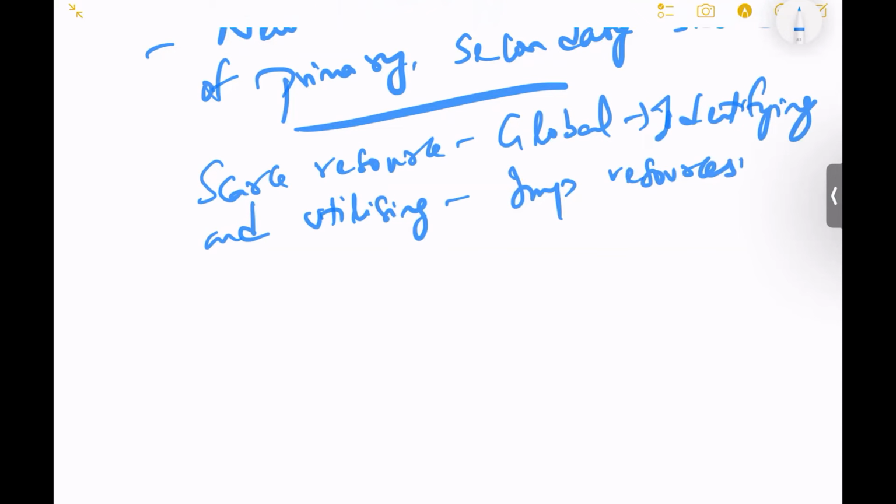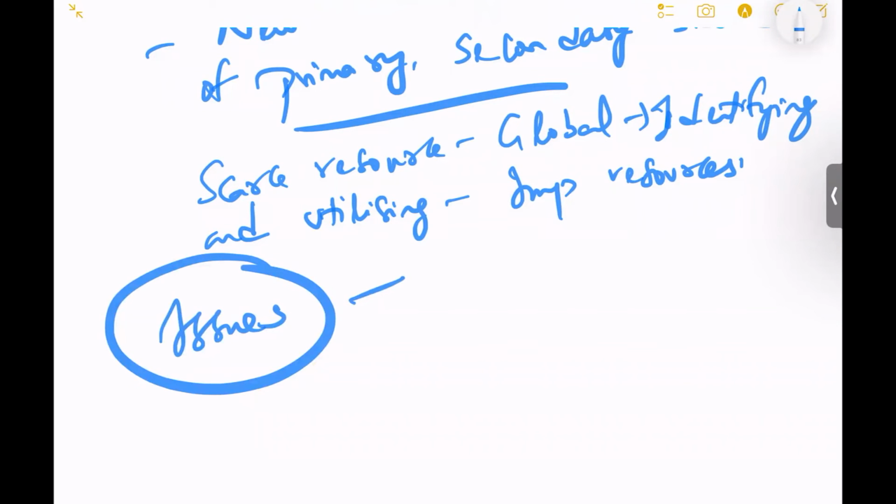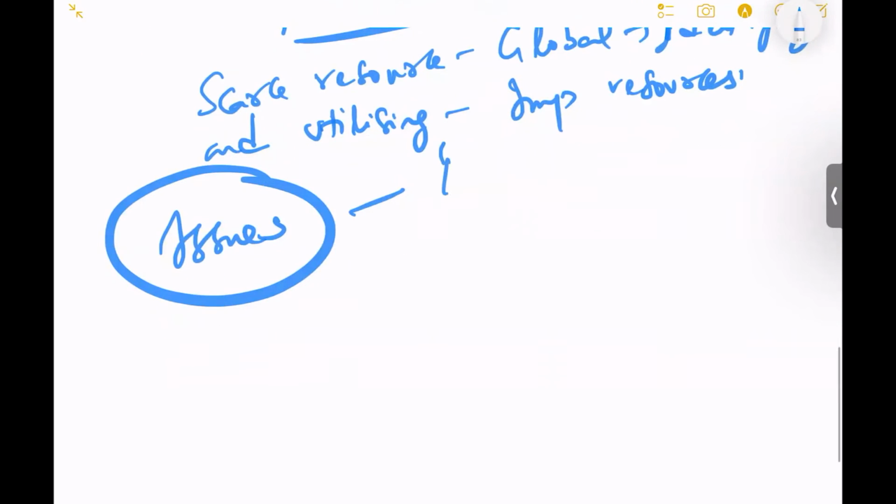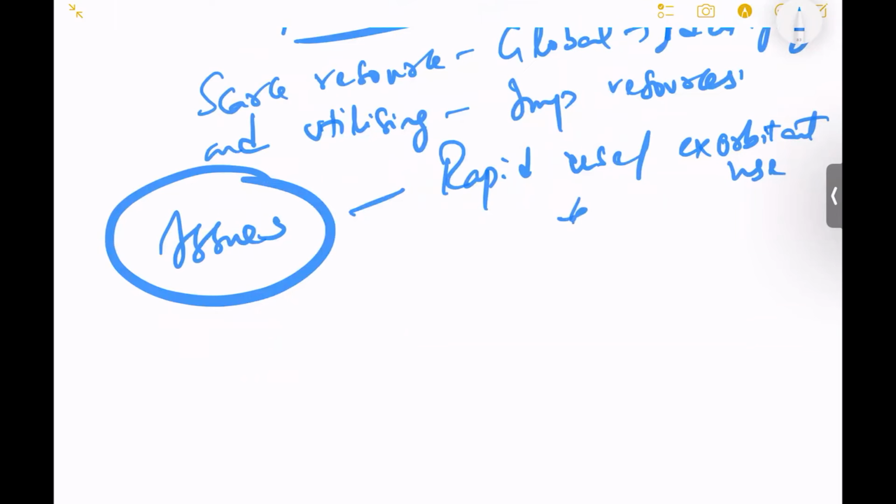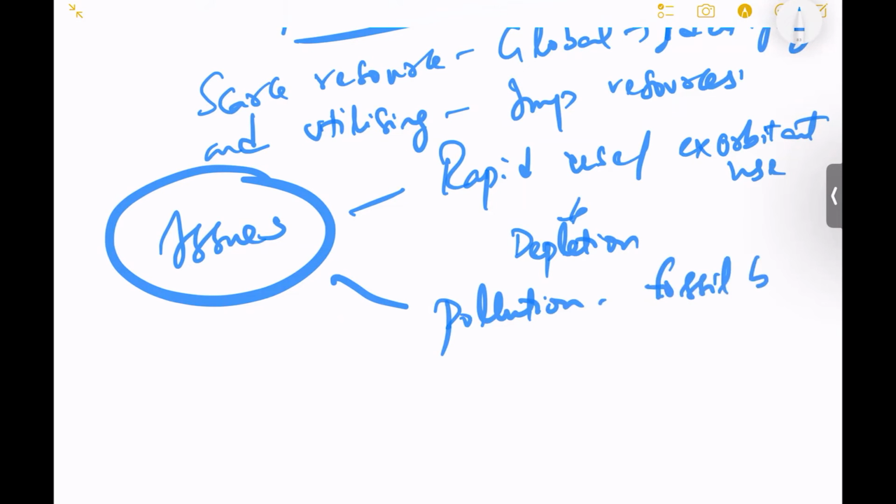So what are the issues with regard to globalization of natural resources? Rapid use and exorbitant use. It is leading to depletion. And then pollution due to fossil fuel burning. And this pollution is causing global warming.